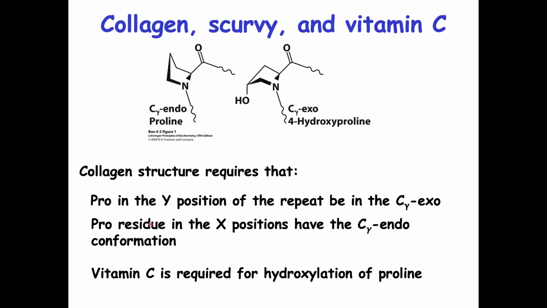It also requires that the proline in the X position have the endo conformation, and in this case the presence of the hydroxyl would destabilize the structure. So typically at the X position you have the endo proline, and at the Y position you have this hydroxylated proline.